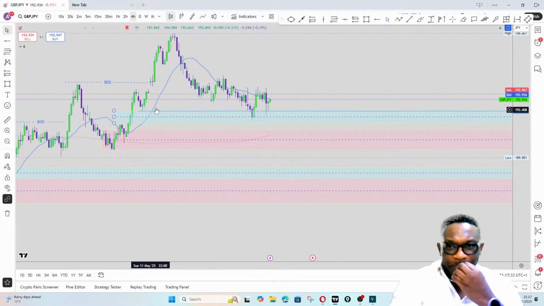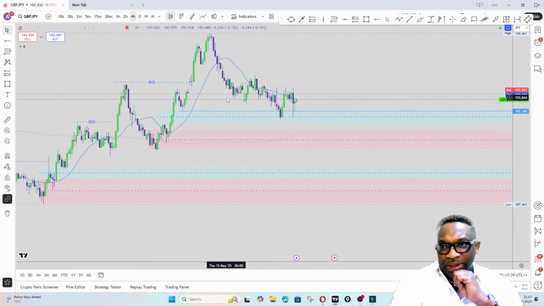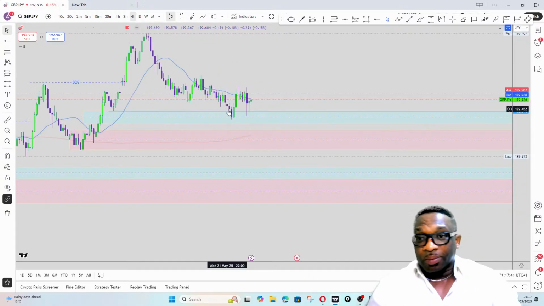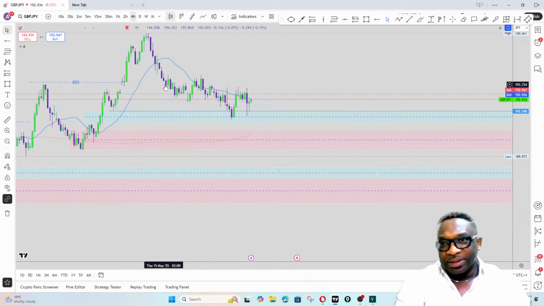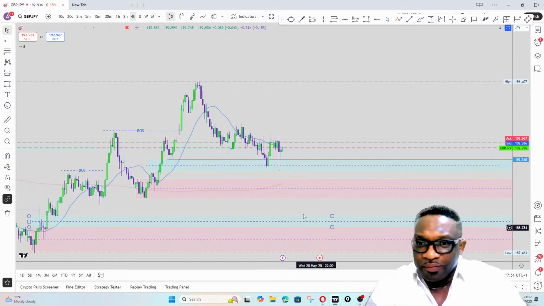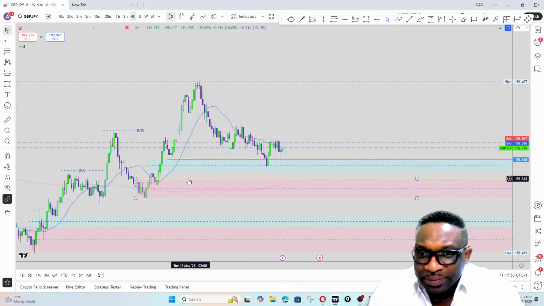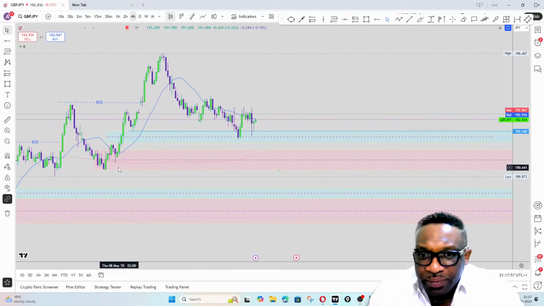But as we know, we are in a bullish market. The bias is more on the buy side, so we will see how price reacts from here. Over here, let's see how we can refine the areas we marked on the daily.